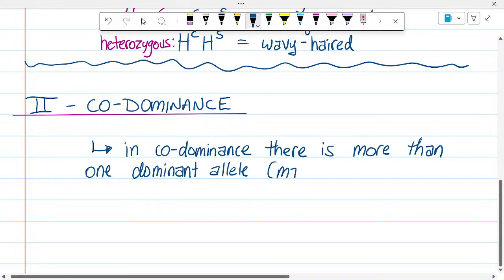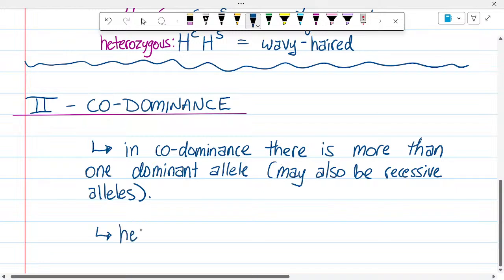There can be more than two versions of a gene. And in this case, heterozygotes will exhibit all dominant traits.